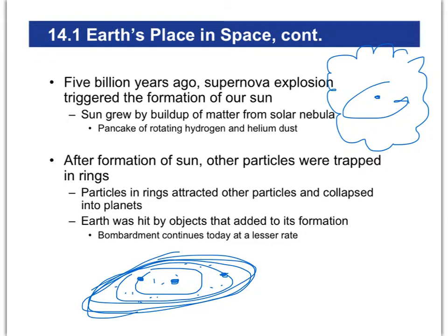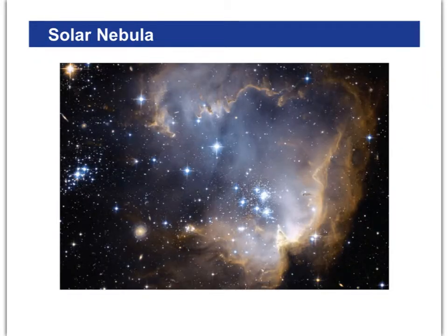This next picture right here is of a solar nebula. Now, it kind of looks like you have this cloud of gas and these stars are inside of it. In reality, these big stars here are actually closer to us. This cloud of gas is very, very far in the background. These are stars that are sort of in the foreground.